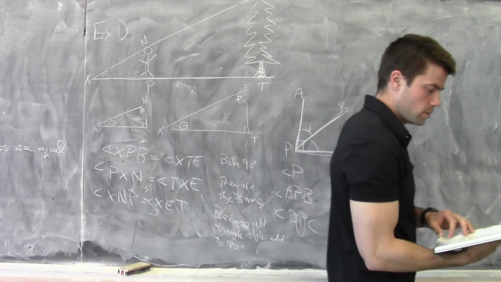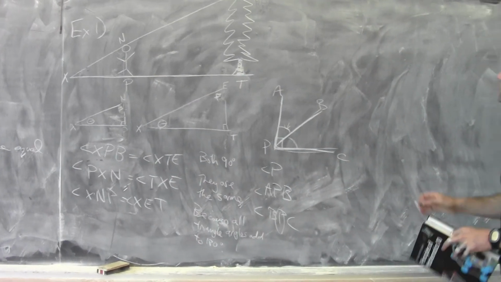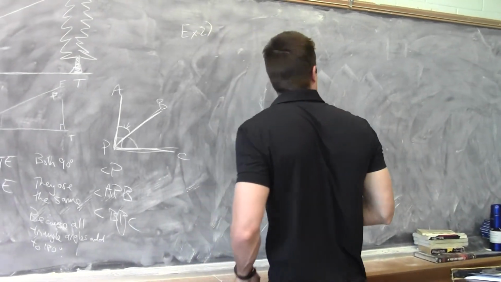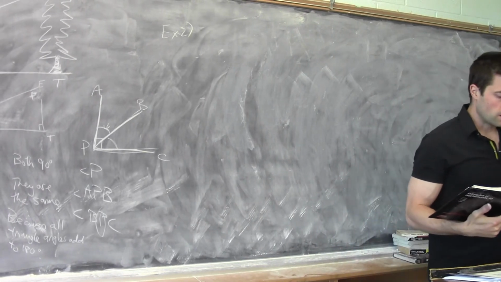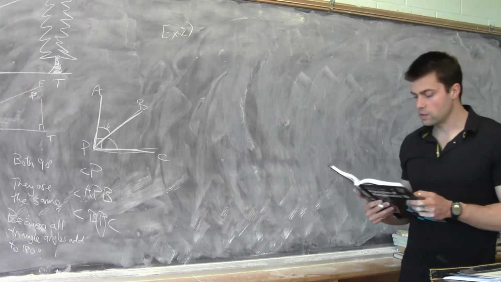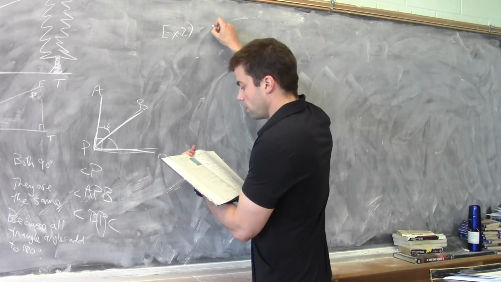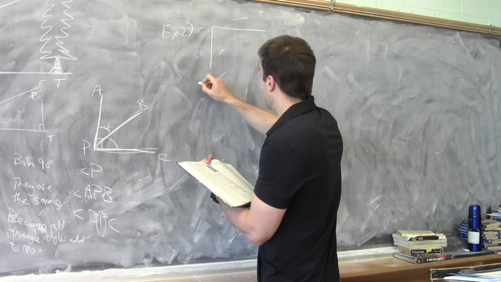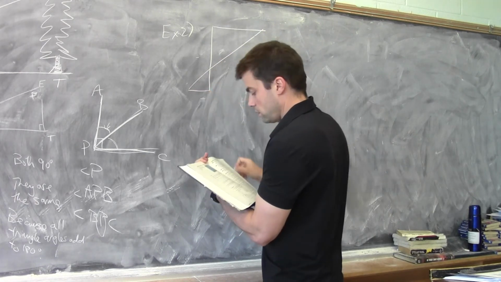Good answer. All right, example 2 is my last one, and then you guys should have plenty of time to finish your homework. Example 2. It says, are the two triangles in the diagram similar? Explain your reasoning. So we have a diagram that looks like this. It's a river. You see this style of diagram quite often.